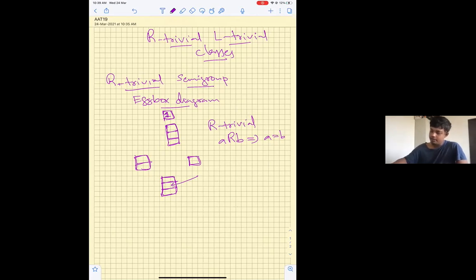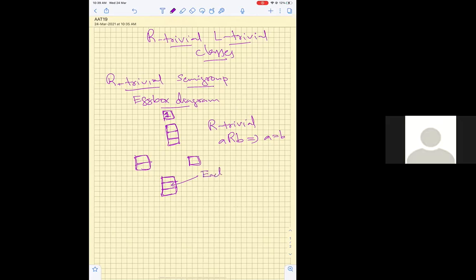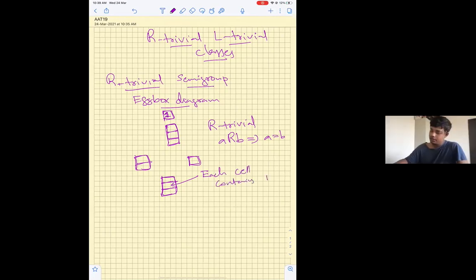One. Each cell contains one element. So in particular, the semigroup is aperiodic, is H-trivial.